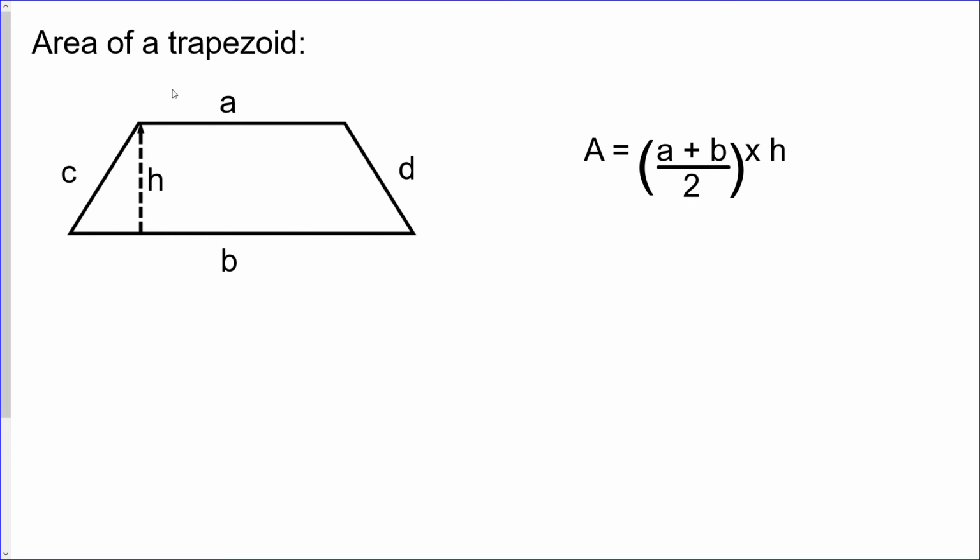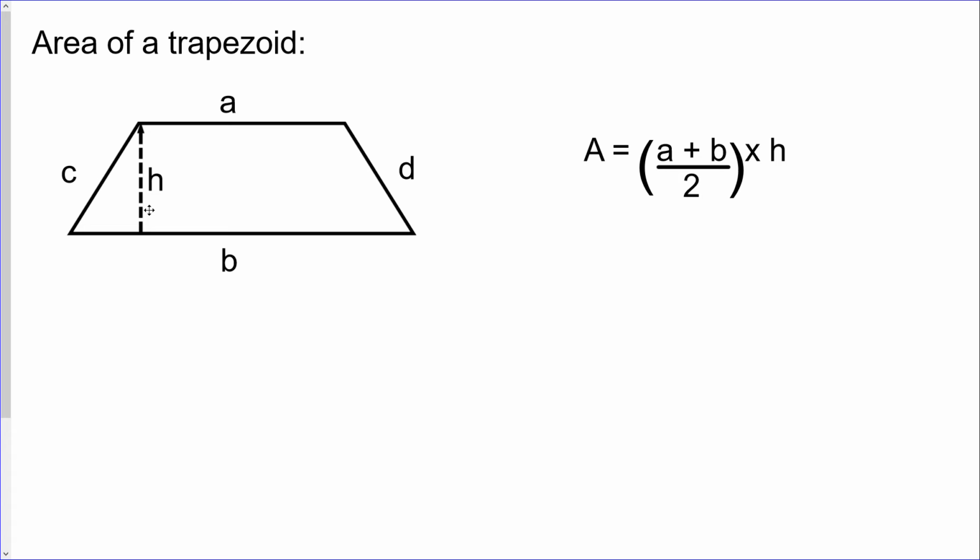Okay, now when you find the area of a trapezoid, there are certain measurements that matter. Okay, the base and the height should be getting very familiar to you right now, because if you use the formula of a parallelogram, for example, it's the same base and height, right?